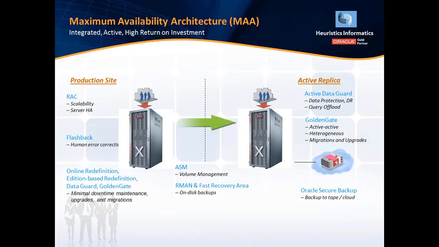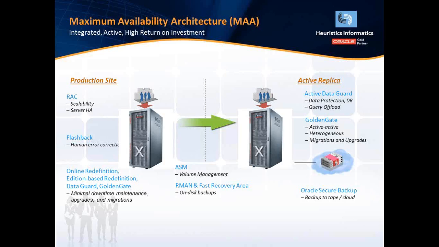Then you've got online edition-based redefinition, which is a new feature of Database 11g Release 2, which allows you to keep your database up and running even during maintenance activities such as patching and upgrades. Then these are high availability features only on the local production data center.